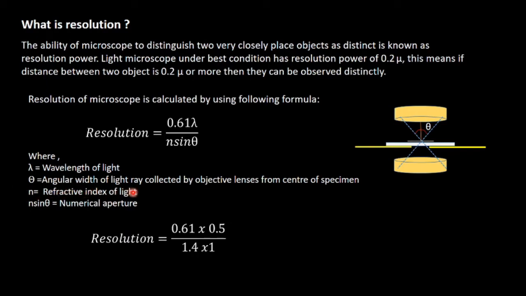Now let's come back to the refractive index. The refractive index of the medium can range from 1 to 1.4. The refractive index of air is about 1, and if we use oil immersion, then the refractive index can reach up to 1.4. Now the wavelength of visible light ranges from 0.4 to 0.7 micrometer, so the value of lambda is fixed at approximately 0.5 micrometer for light microscopy.